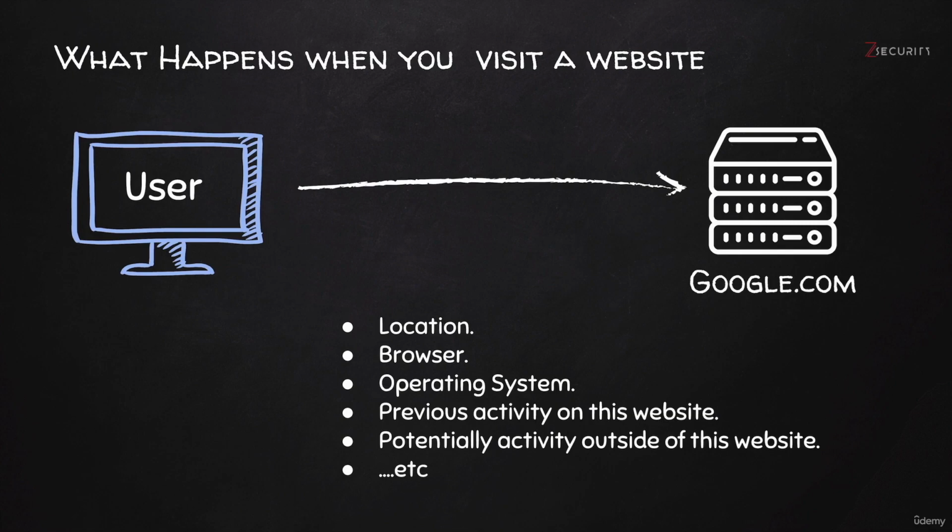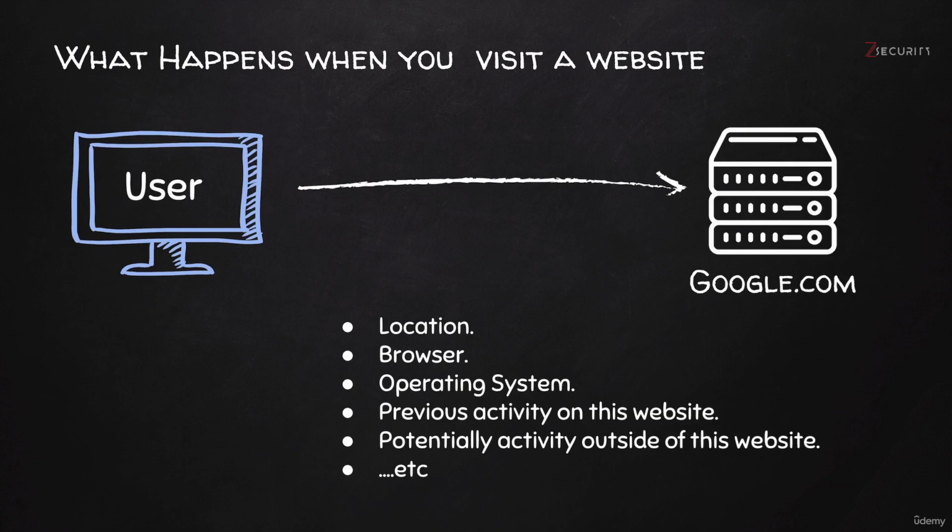For example, any website that would have a Google or a Facebook share button would have a piece of code from Google or from Facebook running on their website. And again, Google and Facebook use this code in order to see which websites you visit. And obviously they use that in order to serve you ads related to you. We all know that. You search for something and you start seeing it everywhere else.